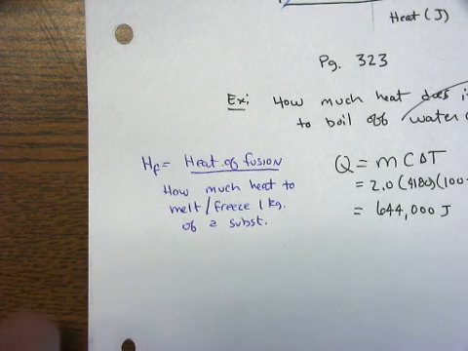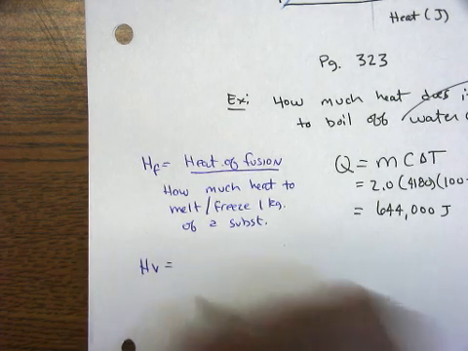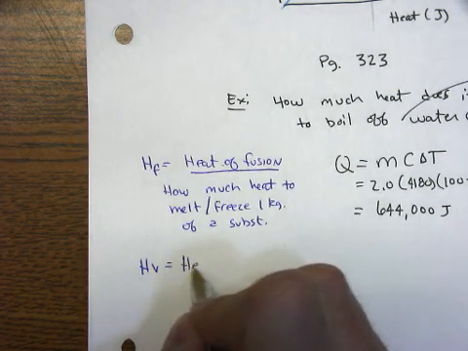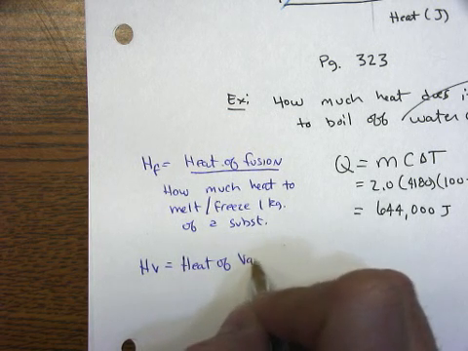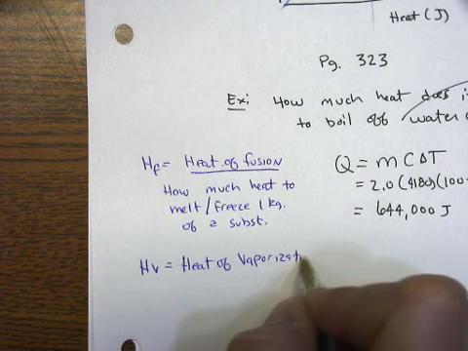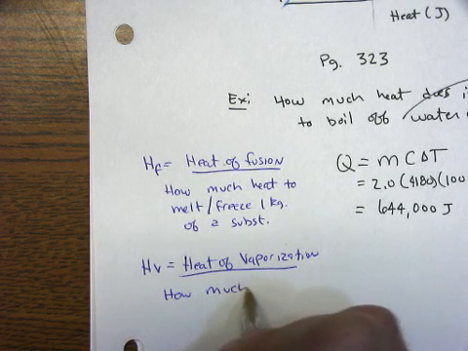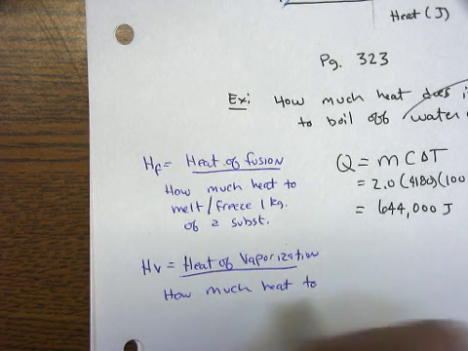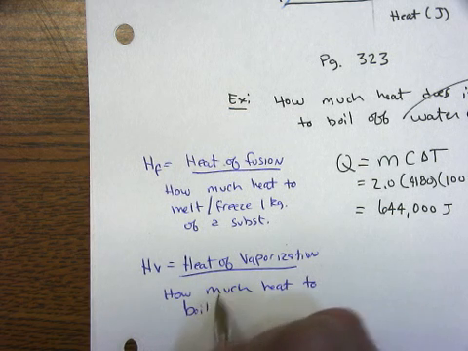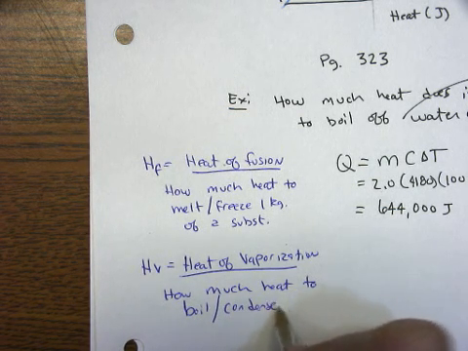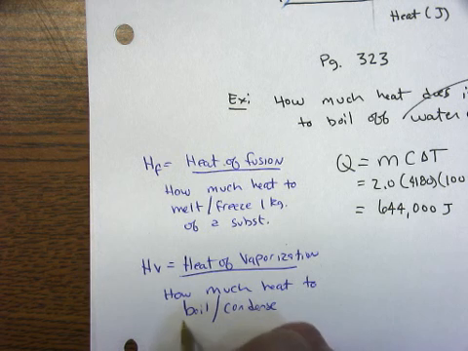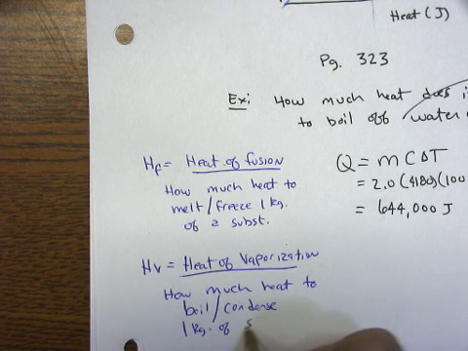H_V stands for heat of vaporization. That stands for how much heat to boil or condense 1 kilogram of a substance.